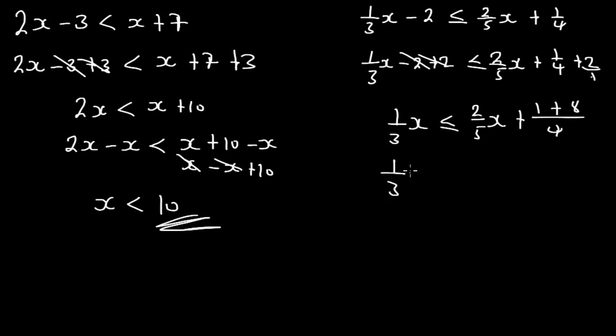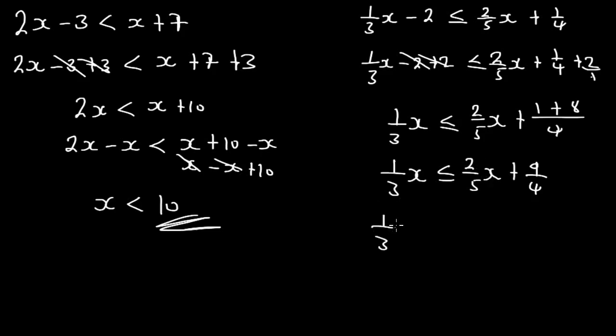Thus we have 1/3 of x less or equal to 2 over 5x plus 1 plus 8 is 9, so we have 9/4. Excellent. Now for that to be possible, we need to subtract 2 over 5x from both sides.